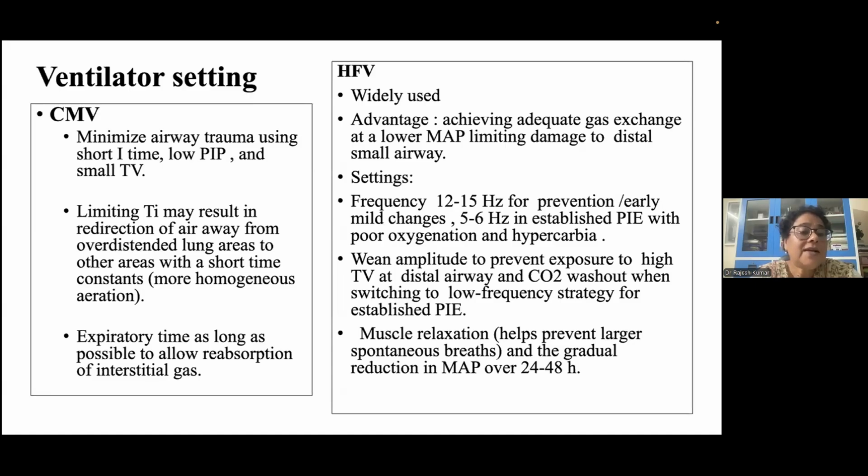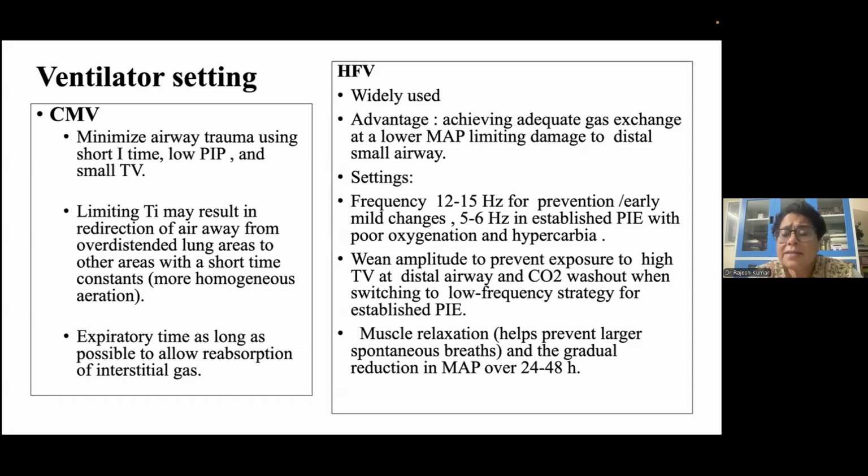Expiratory time should be kept as long as possible so that it allows reabsorption of the interstitial gas. High frequency ventilation is widely used for this condition. The advantage is that it helps in achieving adequate gas exchange at a lower MAP, limiting damage to the distal airways. The frequency is usually set at 12 to 15 hertz for patients who are at risk for pulmonary interstitial emphysema.